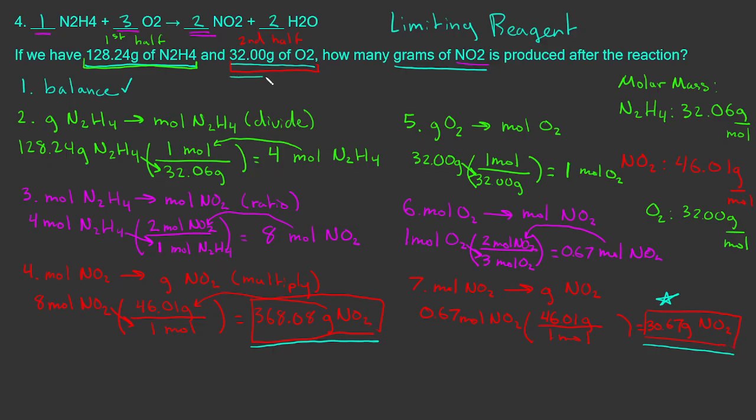That has to do with the second half of our problem, which is our grams of O2. And so we describe oxygen, or O2, as the limiting reagent. And then our final answer is going to be 30.67 grams of NO2.